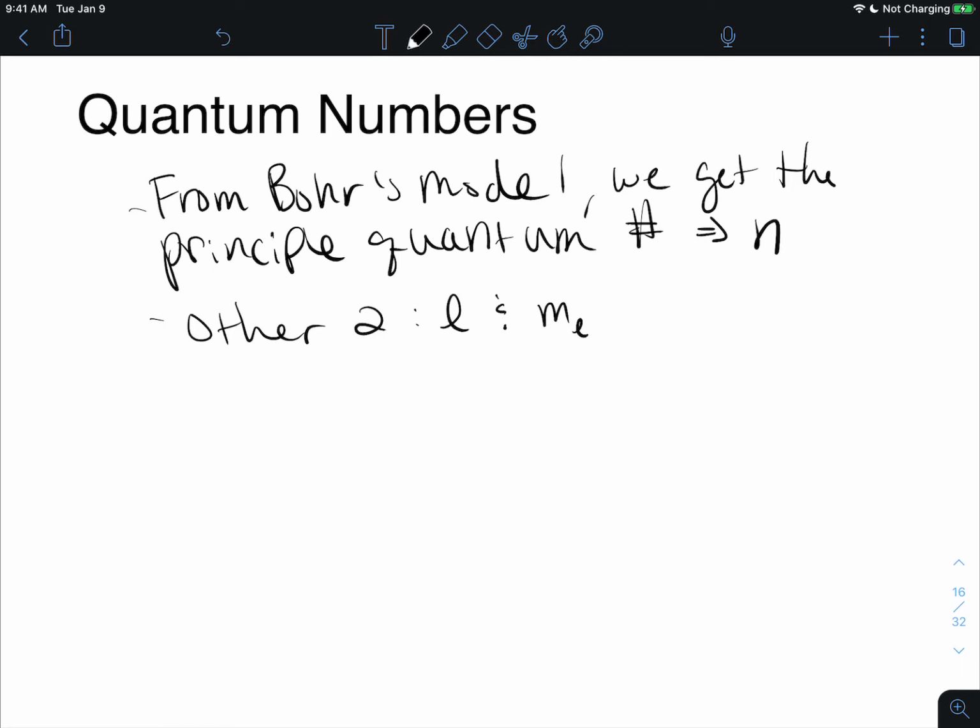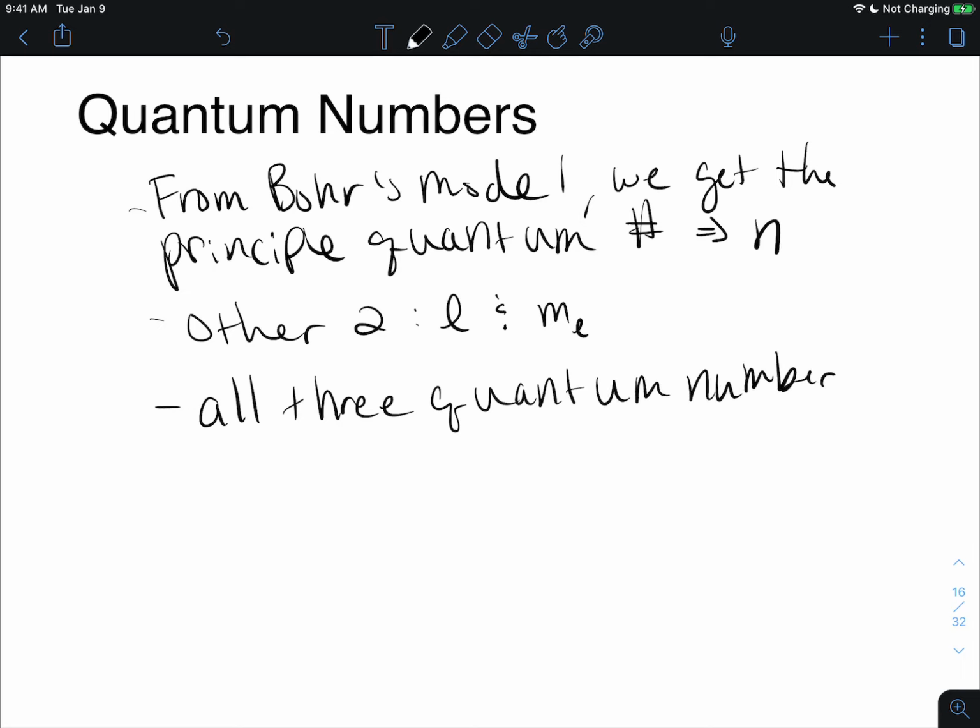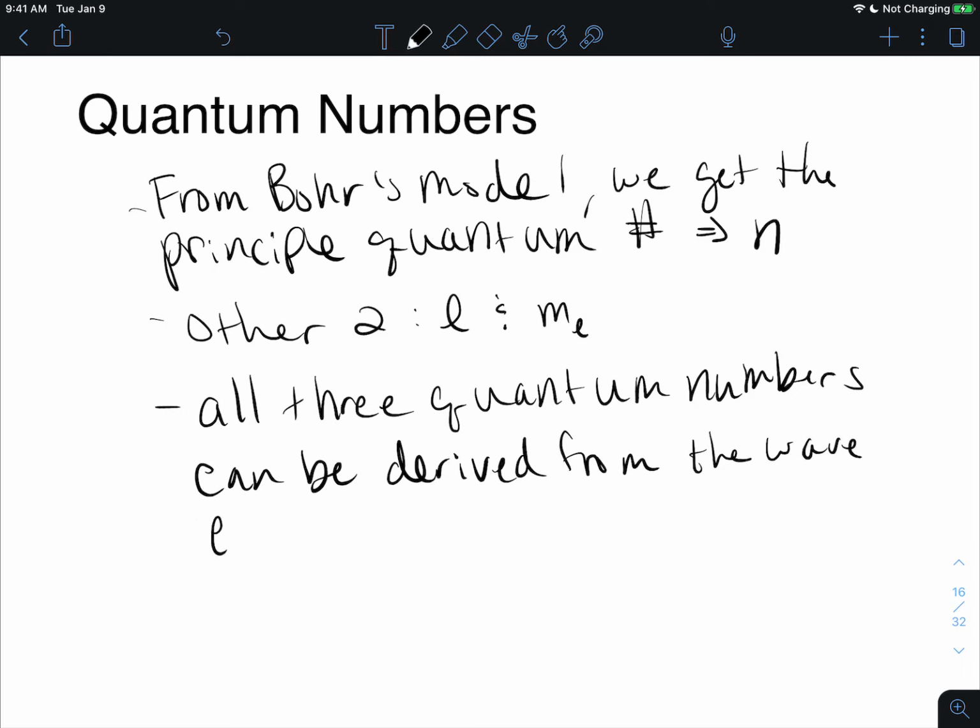And all three quantum numbers can be derived from the wave equations. So they're the result of describing an orbital in terms of mathematics.